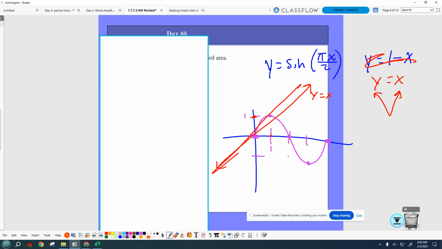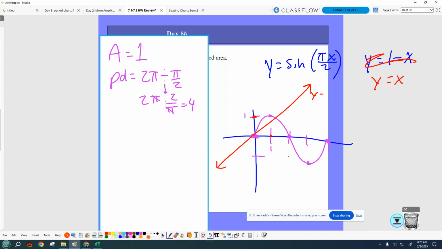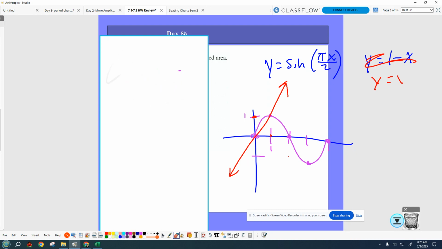So it should go through. So say again, what do I set up? The integral from 0 to 1, and then you're going to do sine pi over 2 x minus x. Okay.